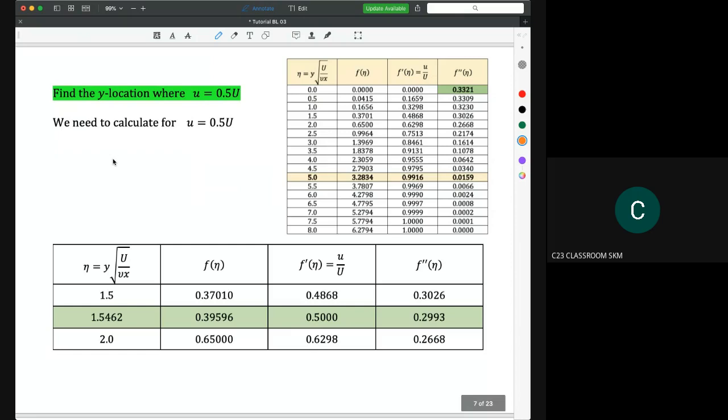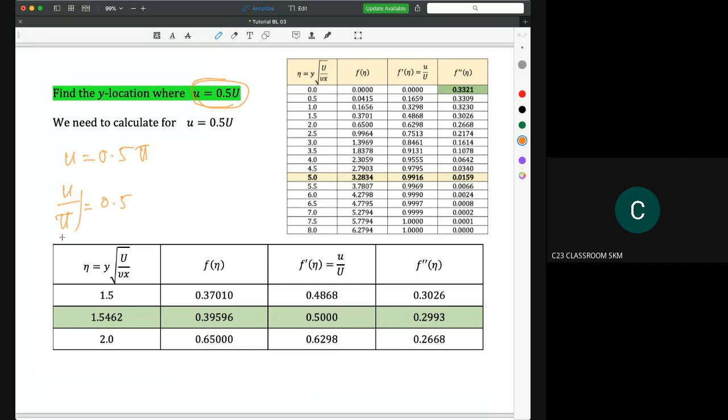Okay, let's say the question is, please find the y location, means the location in y-axis, where u is equal to 0.5 U. So what we need to understand by this term is, u is equal to 0.5 capital U, and then we could write u over capital U is equal to 0.5.